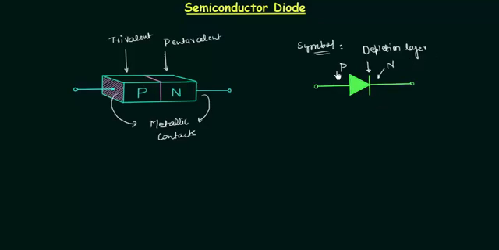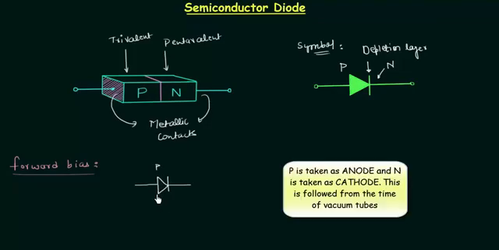Let's try to forward bias the semiconductor diode, and this time we will use this symbol. So, forward bias condition of PN junction diode. I will make this symbol, which represents the PN junction diode. In forward bias condition, the P side of the diode is connected to the positive terminal and the N side of the diode is connected to the negative terminal.